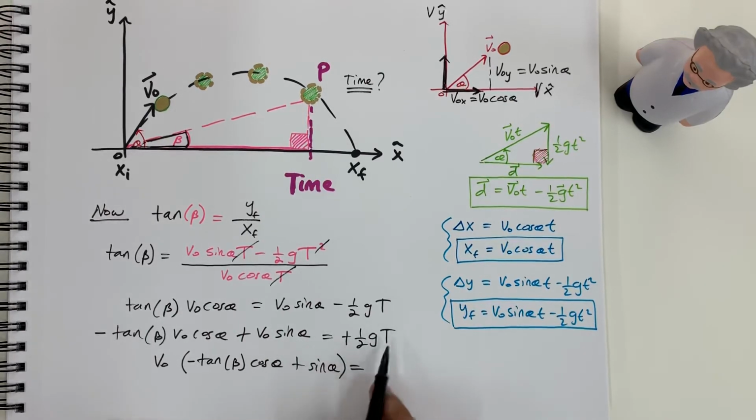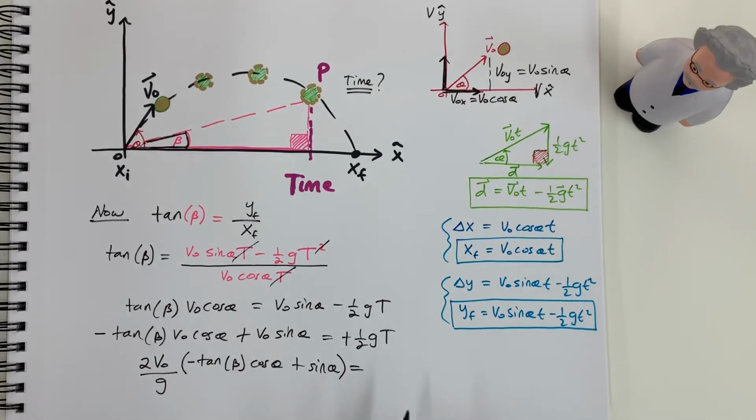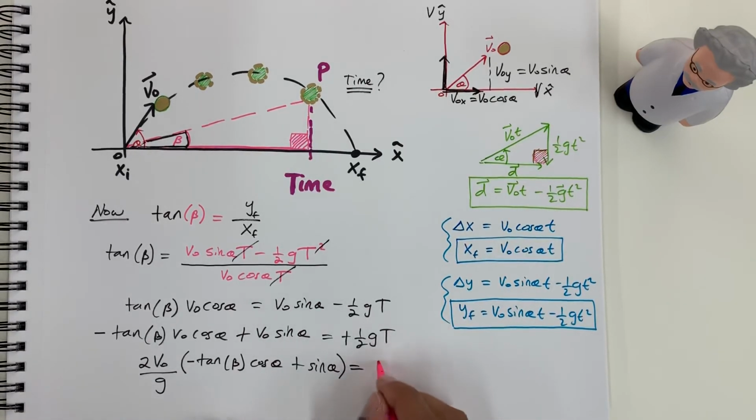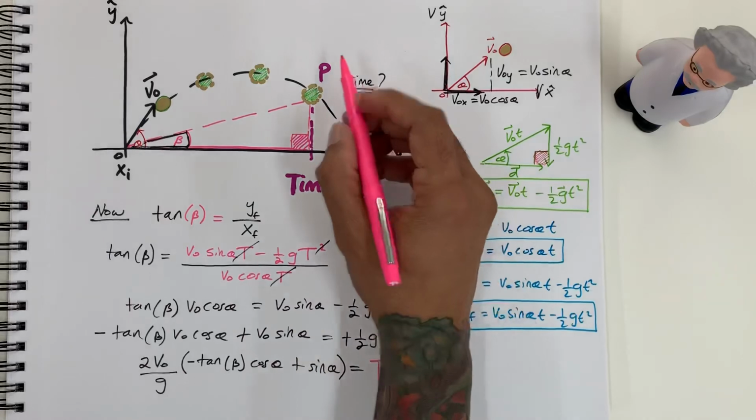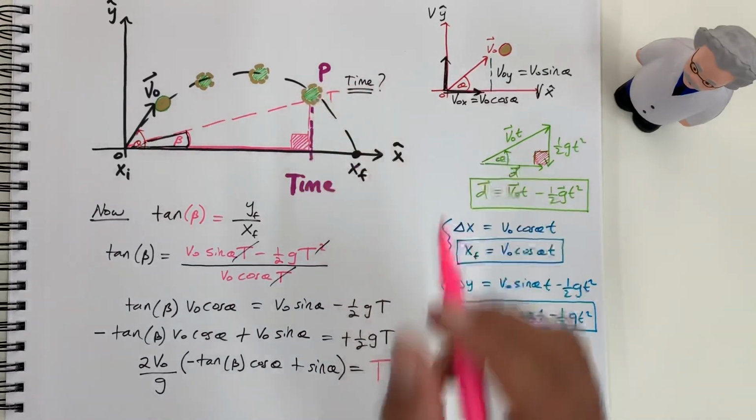Okay, and then on this side I'm gonna pass the 2 over, so it's gonna be 2v initial, and I'm gonna divide by g, so it's gonna be g divided by g, and then we're left with our t, which is the time that we want from this point right here.